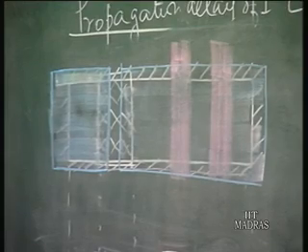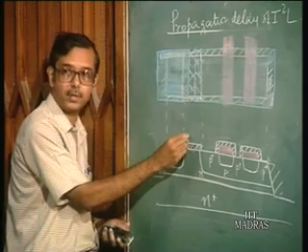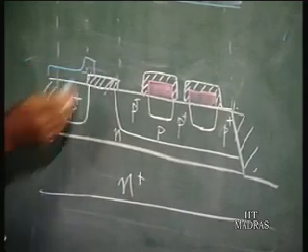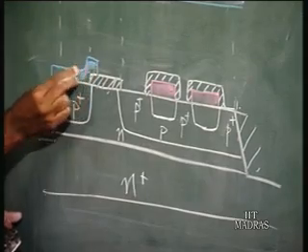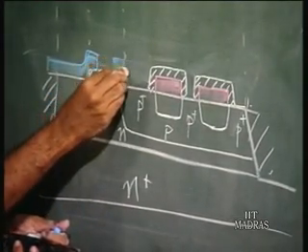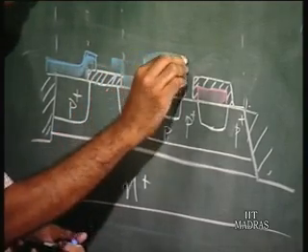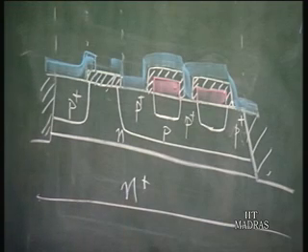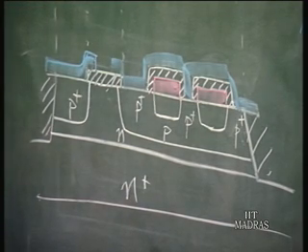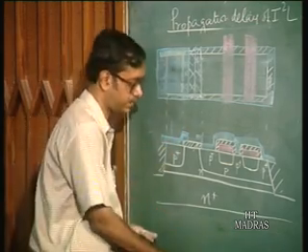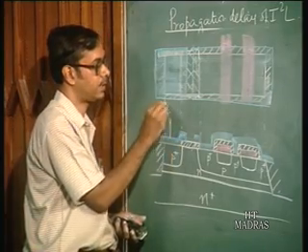So in the cross sectional view, you have metal like this, and then you have metal going from here all the way. So this becomes the injector contact.